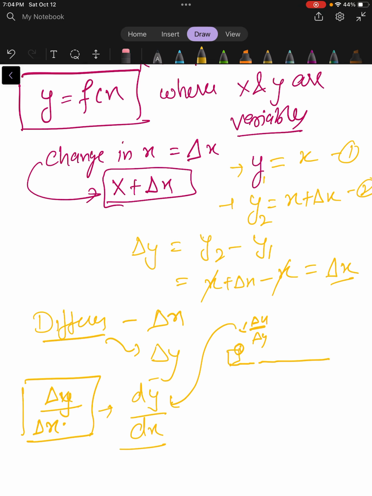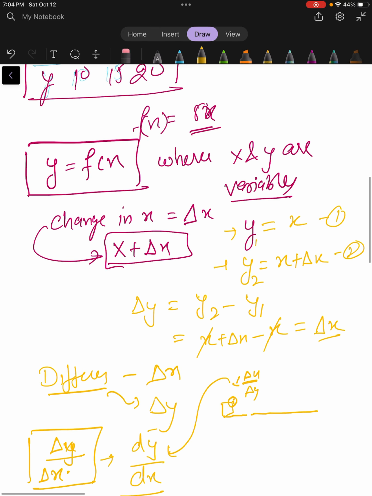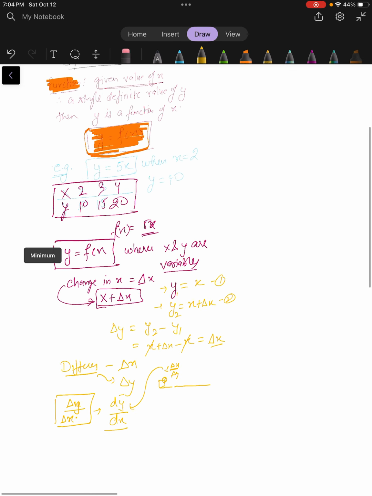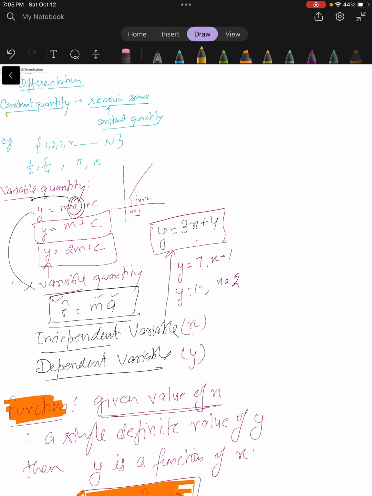Okay, so till this point, let's have a recap of what we discussed. Right now we understood what a constant is, these are the constant values. After that we understood variable quantities. Variable quantities have two types: one is the dependent variable, another is the independent variable.